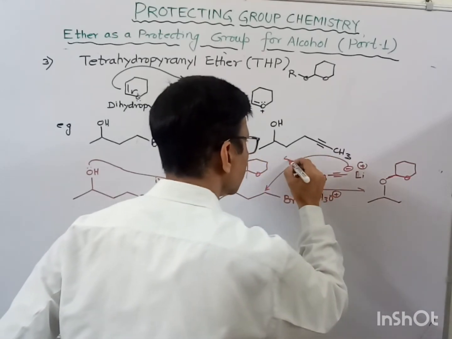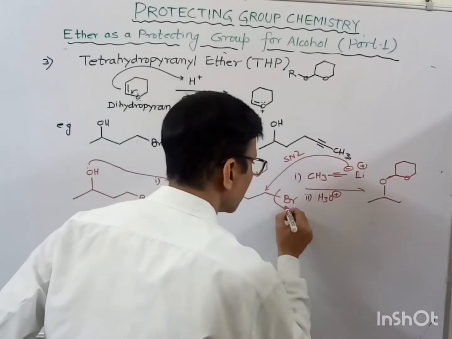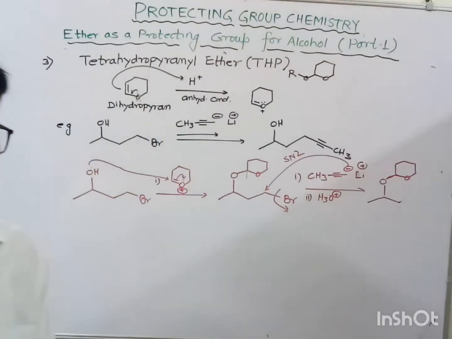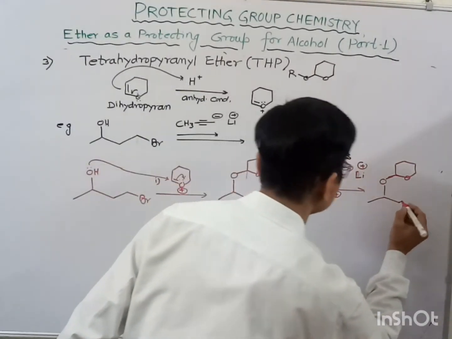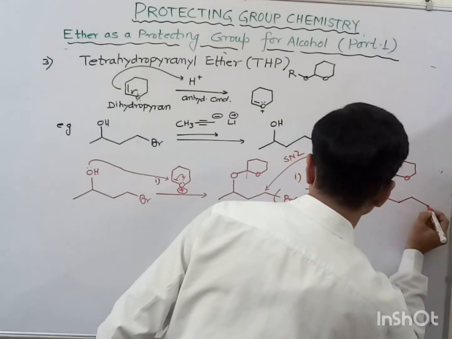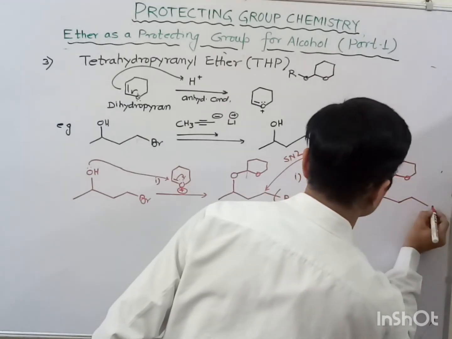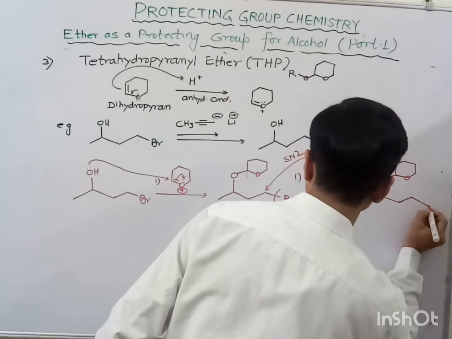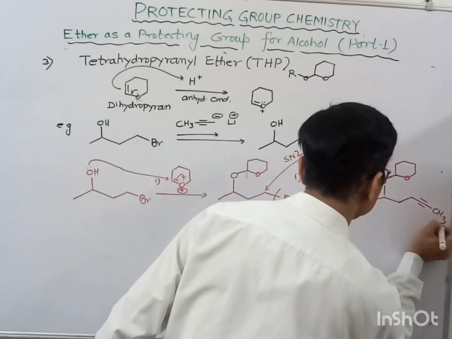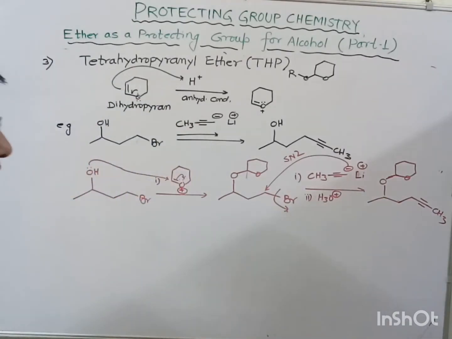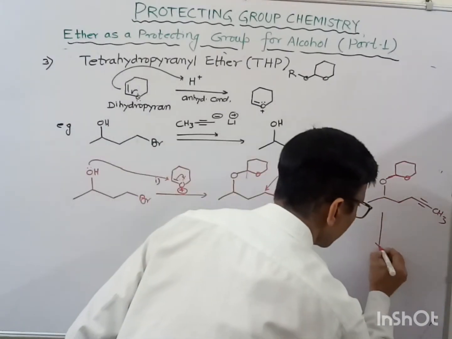So here via this SN2 reaction, this will attack at the back side, this bromine will leave out, and this nucleophile will add over here. In the next step we can deprotect it.